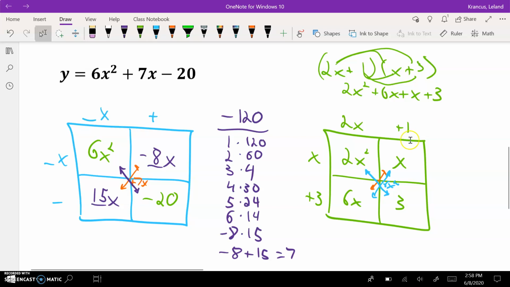So first of all, let's start with the left column. We're looking for the greatest common factor of 6x squared and 15x. So 6 and 15, their greatest common factor is 3. They also both have at least one x, an x squared and an x. So the greatest common factor is 3 times x. If we do the next column, now we're looking at the greatest common factor of -8 and -20.